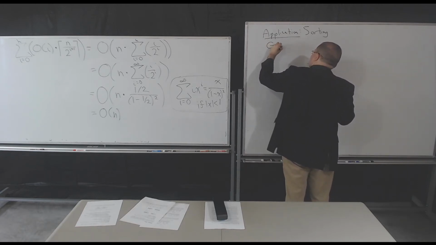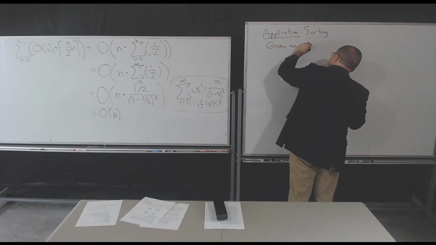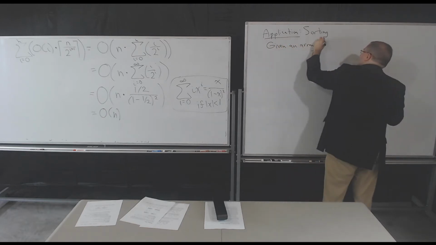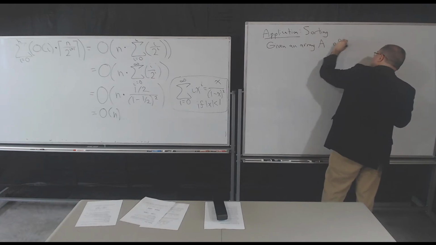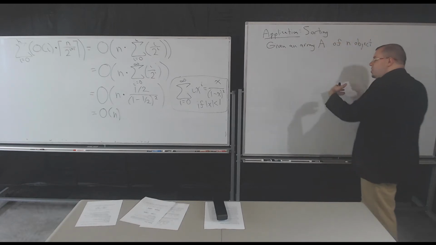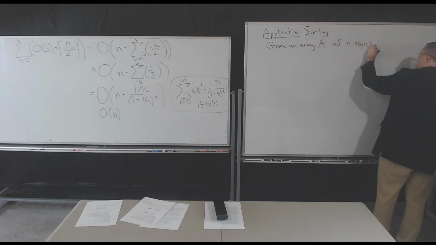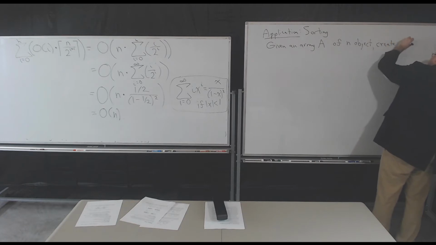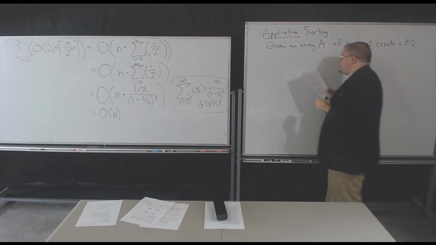I'm going to say given an array A of n objects, and I'm going to assume that the objects can be compared in constant time, and that they take some constant amount of space, create a priority queue. So you're going to create a priority queue.